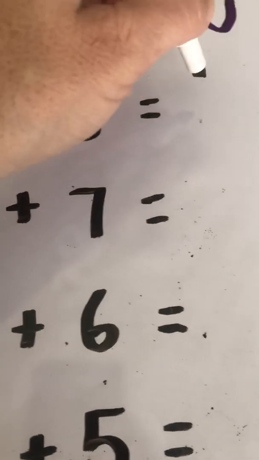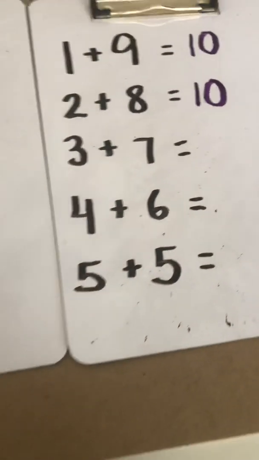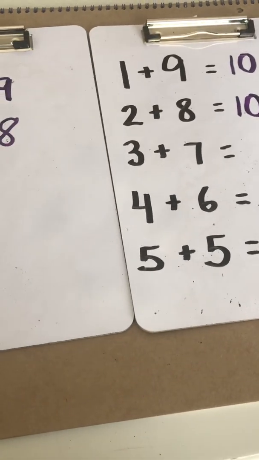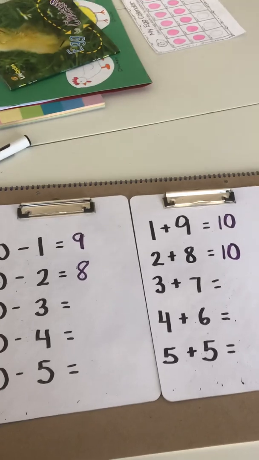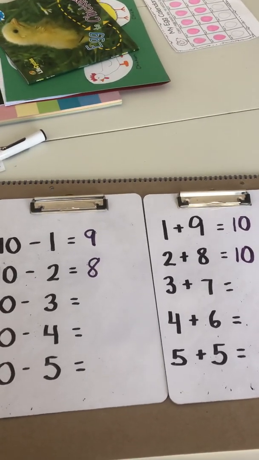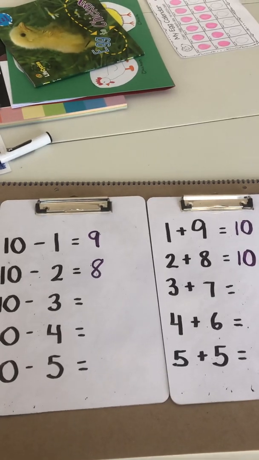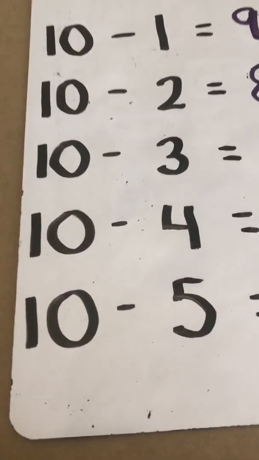That is 10. All right. Do you notice anything that's happening right now? You can pause this and look at it. There's something going on that I want you to notice.